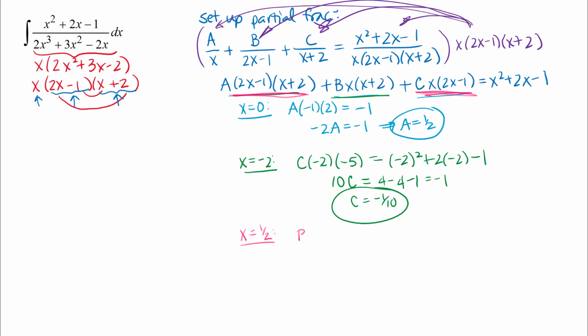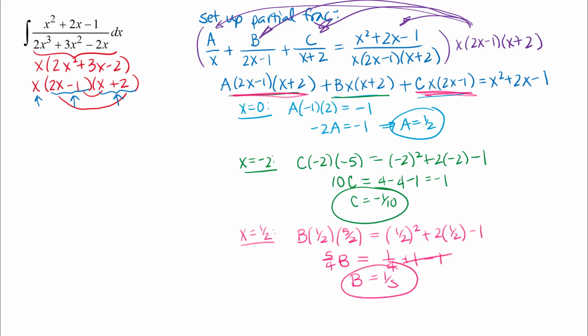And so I'll be left with b times 1/2 times 1/2 plus 2 is 5/2 equals, and then 1/2 squared plus 2 times 1/2 minus 1. So I get 5/4 b equals 1/4 plus 1 minus 1. Those cancel. So 5/4 b equals 1/4. Multiply through by 4/5, and I'll get b equals 1/5.